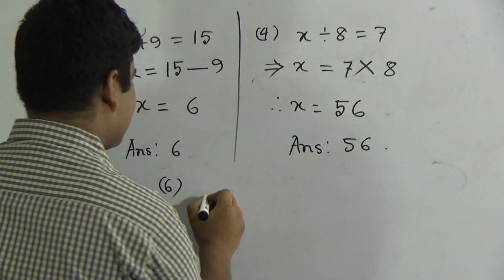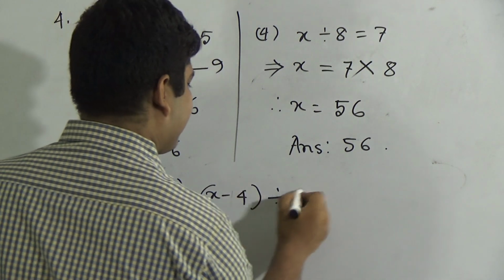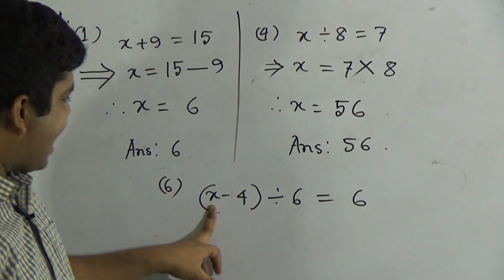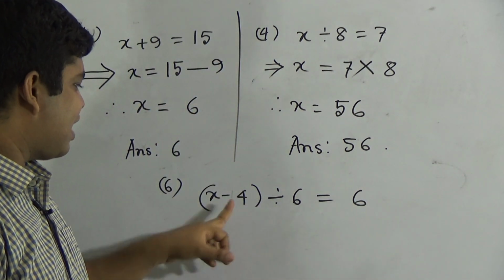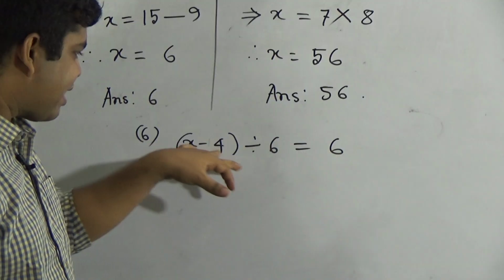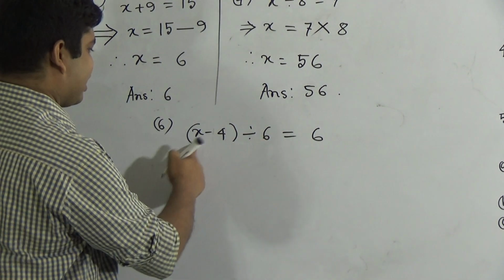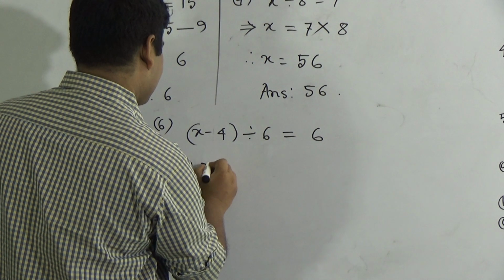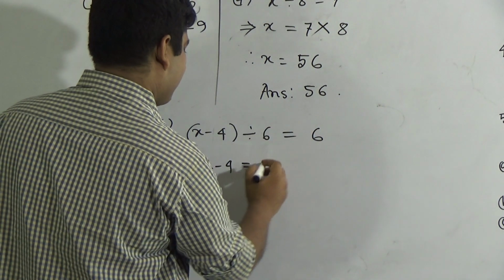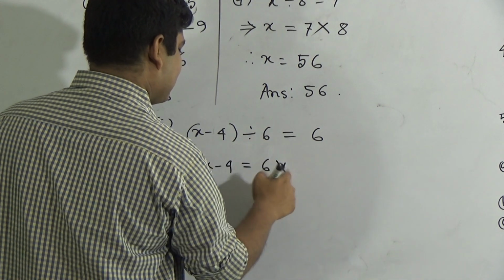Next our last question, number 6. The question is (x minus 4) divided by 6 equal to 6. My dear students, please notice x minus 4 is in a bracket, divided by 6, that means this x minus 4 is divided by 6. So we keep x minus 4 here, and this division will be multiplication when we transfer its position, that means 6.